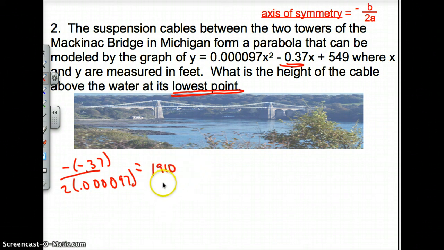We only found our axis of symmetry, so now we have to find our vertex by plugging in this number for all the x's. So let's go ahead and try it.